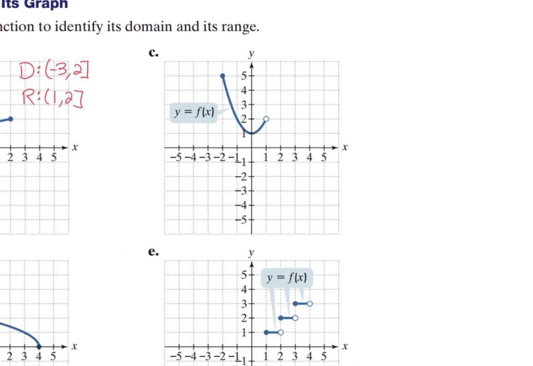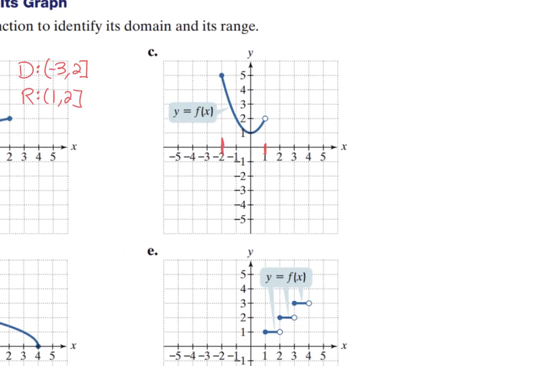On C, the domain goes from -2 to 1, with a parenthesis there. And the range, let's see, this is our lowest point, that's our highest point. So that gives us 1 to 5. Now notice this is bracket on both because the function is evaluated there or has a value of 1.